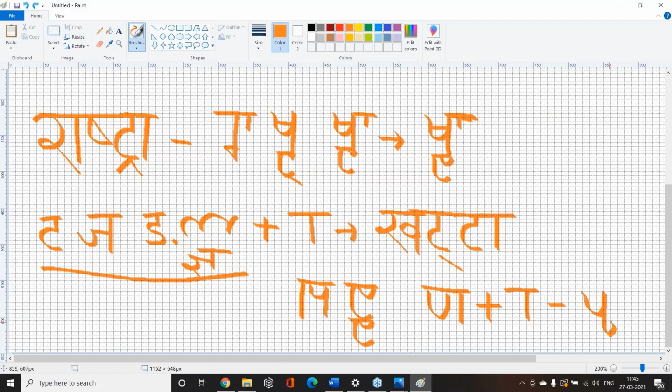With na, that rule doesn't apply. It will be written as it is. The a will not attach to na here, but the other letters, ta, ja, da, ya, are an exception. These four will follow this rule where the matra a will attach to both the letters, upper letter and lower letter. Na will not come under this category.